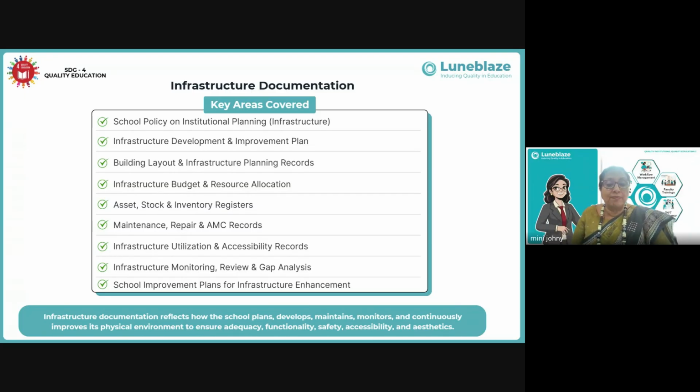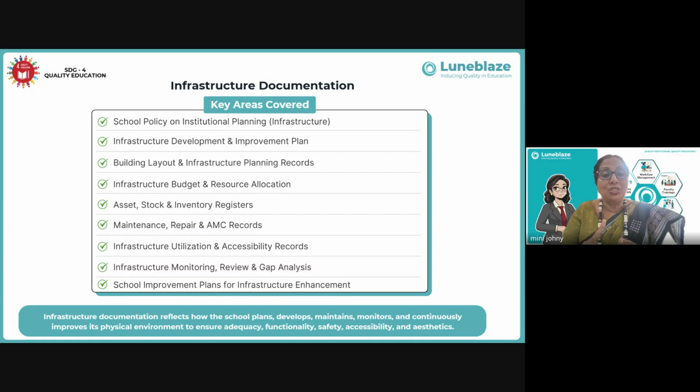Infrastructure documents reflect how the school plans, develops, maintains, monitors, and continuously improves the physical environment to ensure adequacy. This is a very important term in the SQAAF document. Total number of students, accordingly, do we have the infrastructure? Functionality, do they function properly?